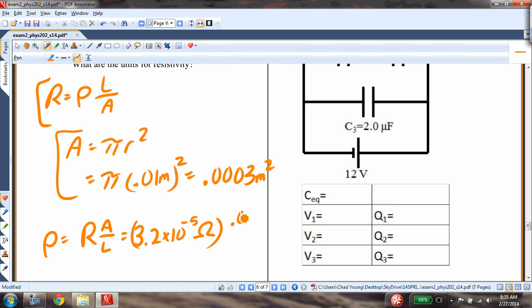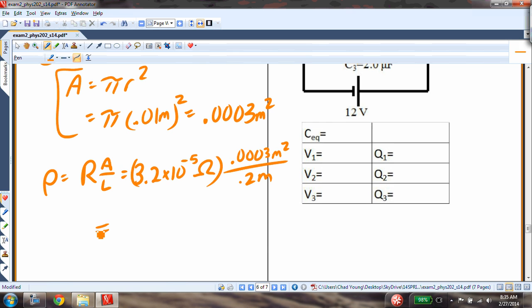The area I've already found. And the length was given. The length was 0.2 meters. I get 4.8 times 10 to the minus 8. This is in ohm meters, and that was actually the answer for the second part.